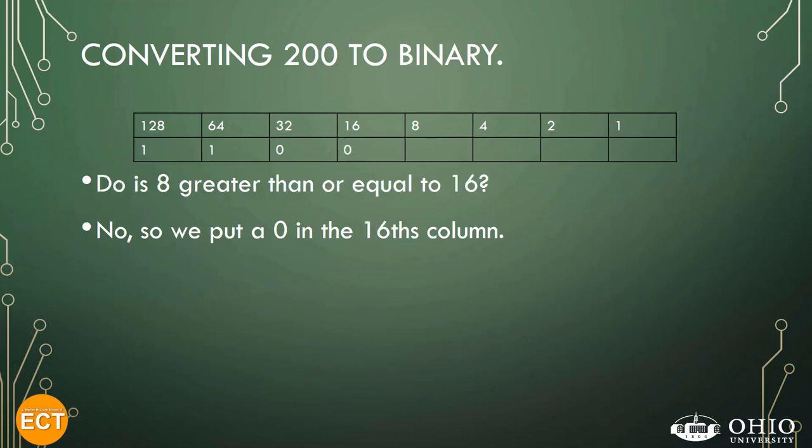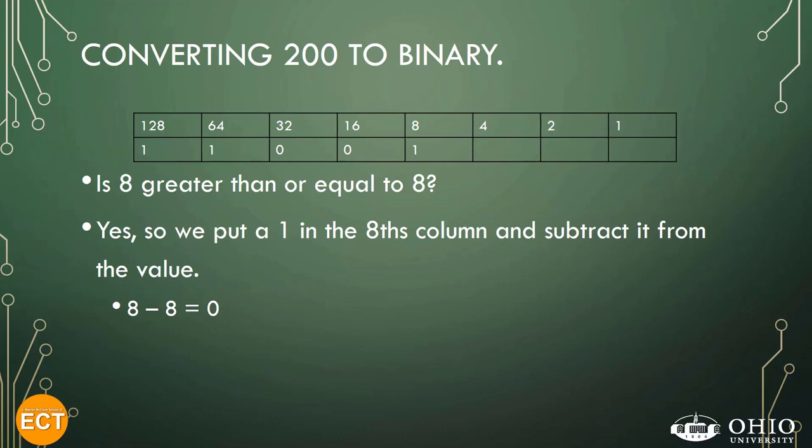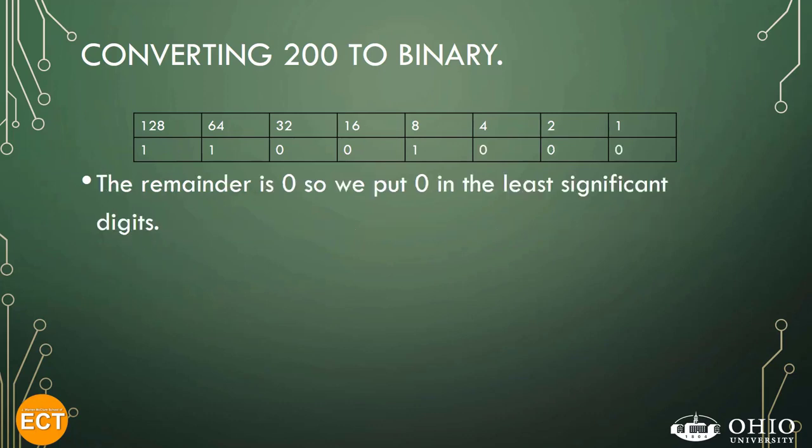We'll repeat that same process for 16, but with 8 we reach a value where we need the 8 again, so we put a 1 in the 8th column and subtract its value, and in this case we're resulting in 0. Since the remainder is 0, we'll put 0 in the remaining least significant digits.